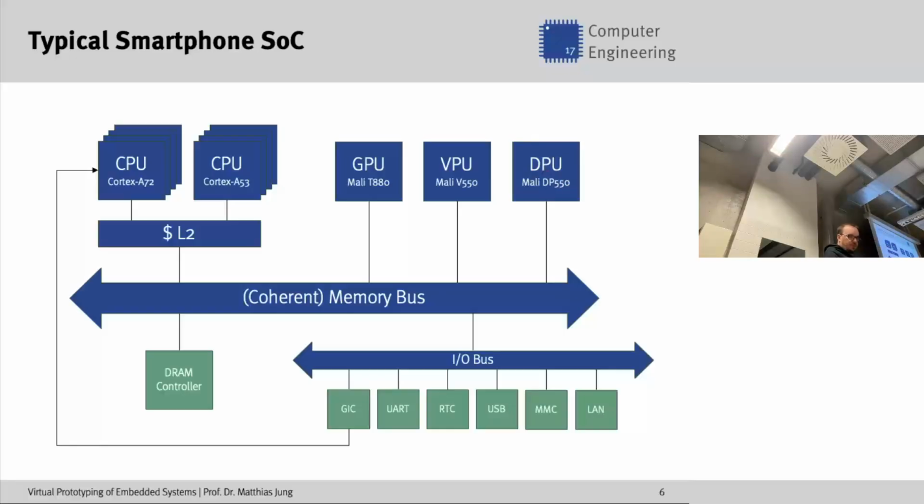And then you have an I/O bus where you have your display connected, your USB port, your SD card connection or whatever. And then you have the memory subsystem as well, so the DRAM controller and the DRAM that is connected.